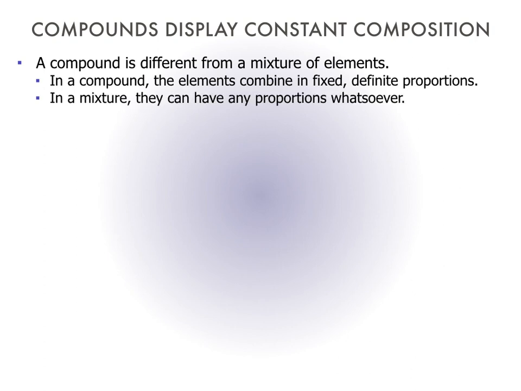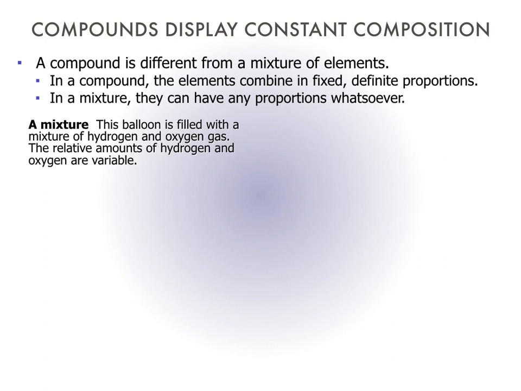In a mixture, they can have different proportions whatsoever, right? So mixtures aren't pure substances. Mixtures are a combination of different compounds, okay? And they can have proportions that vary. But within a compound, the proportions are definite and fixed.